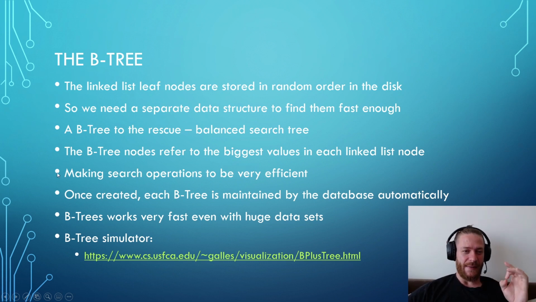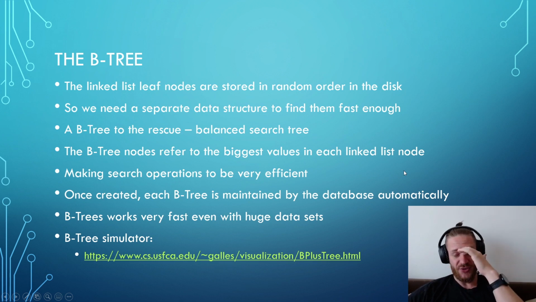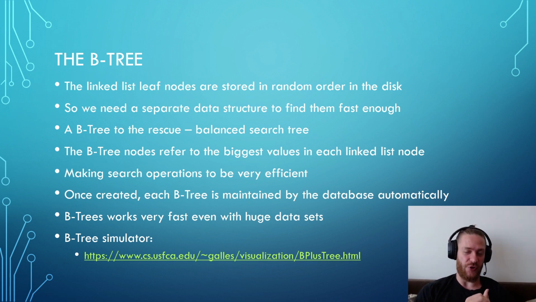So the B tree makes search operations in that sorted linked list super efficient. As a matter of fact, a B tree is never the bottleneck of an index. When you create the index, the B tree behind that index is maintained by the database automatically.